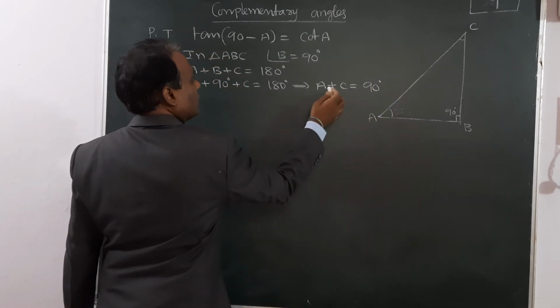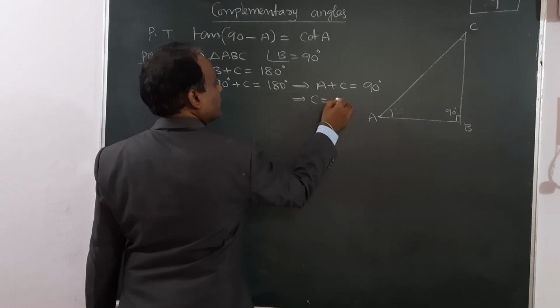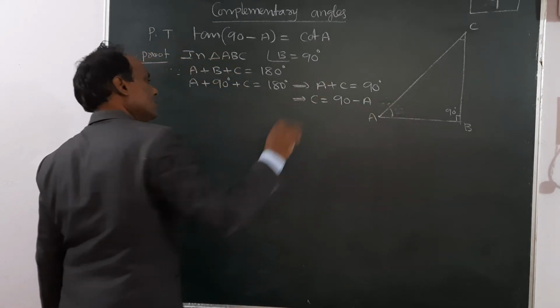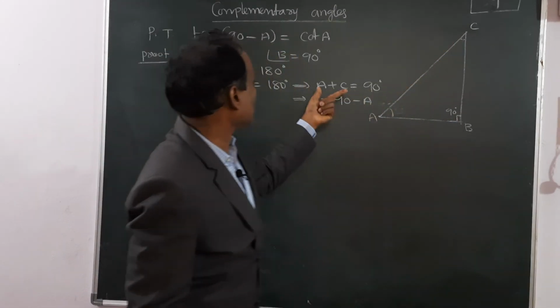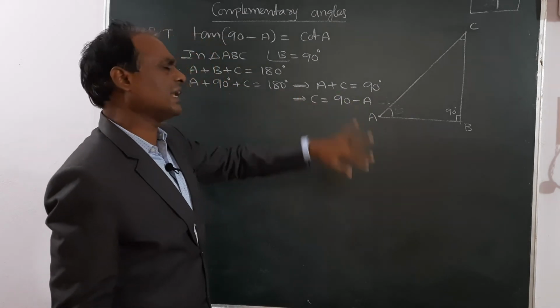Then C is equal to 90 minus A. Keep it here. So, if this is 90, then A plus C should also be 90. A plus C 90 means C is equal to 90 minus A, or A is equal to 90 minus C.